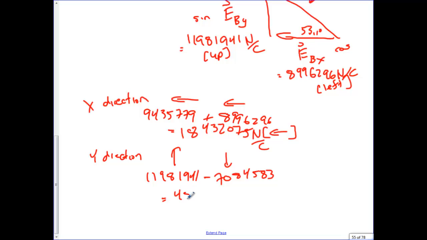So I got an answer of 4897358. And it looks like up is stronger than down.